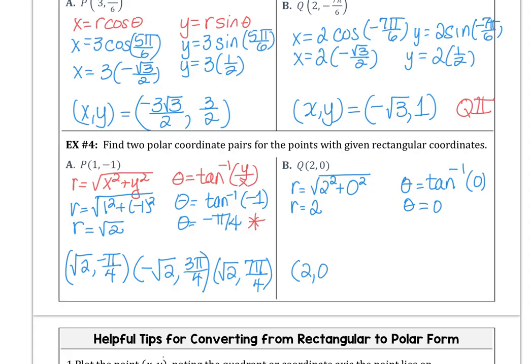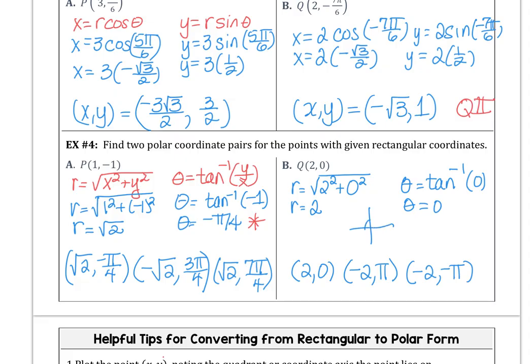We can write it as 2, 0. We can write it as negative 2 and go around pi, or we can write it as negative 2 and go around the other way, negative pi. Does that make sense?